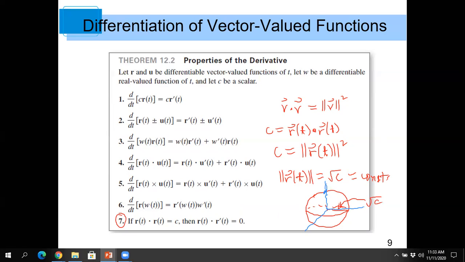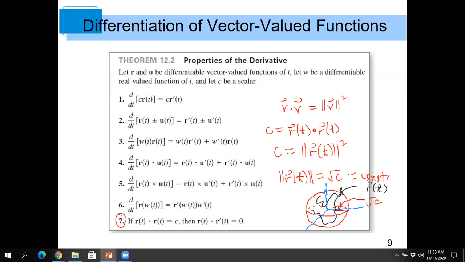The space curve r of t actually lives on the surface of this sphere, right? Because all of those vectors have the same length. Do you know what I'm saying? So the space curve itself actually lives on the surface of this sphere, yeah? So that's r of t right there. That's the space curve generated by the vector field r of t.